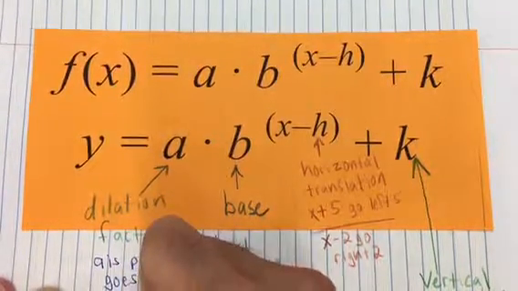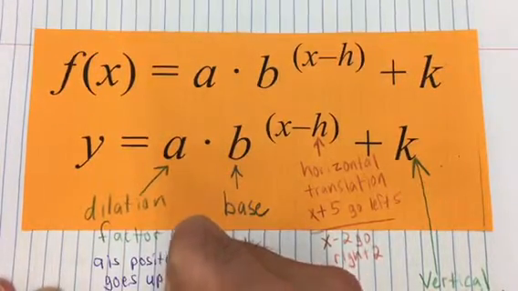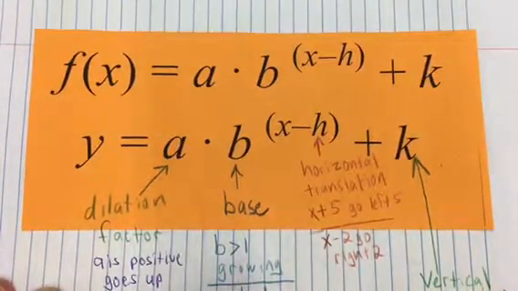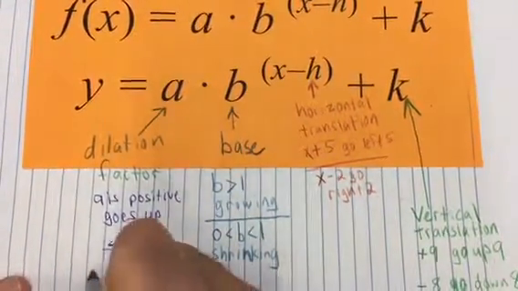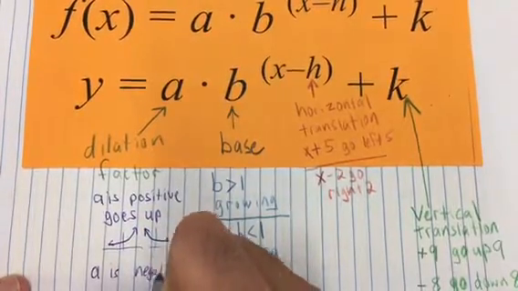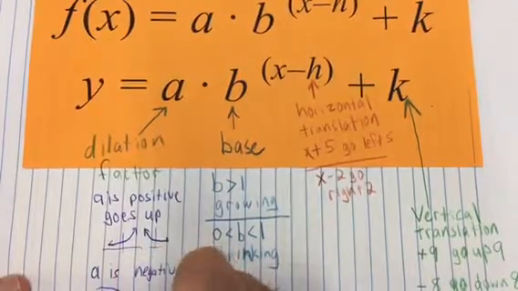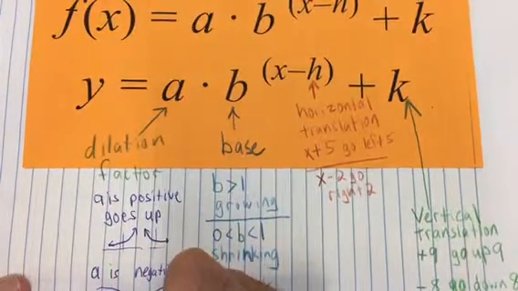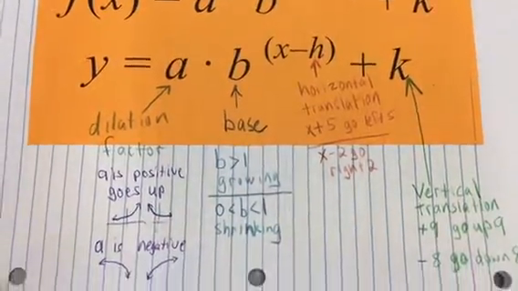It could be like this, or it could be like this. But it's going to be up. If a is negative, it'll be going down. Like that, or like that.